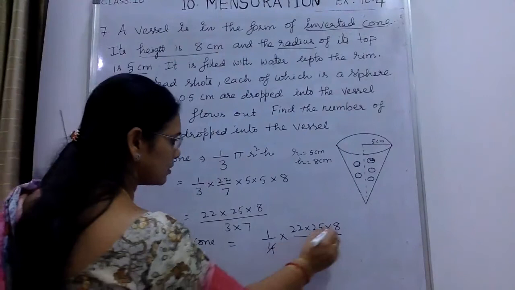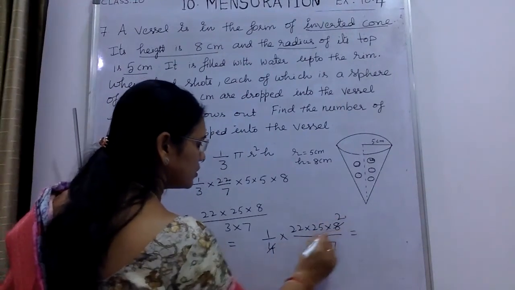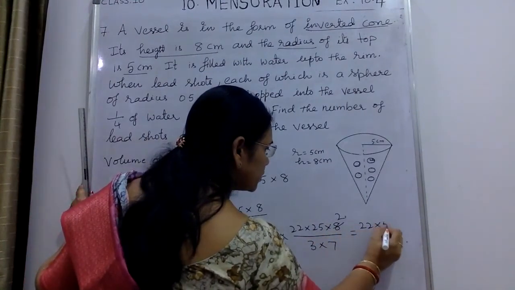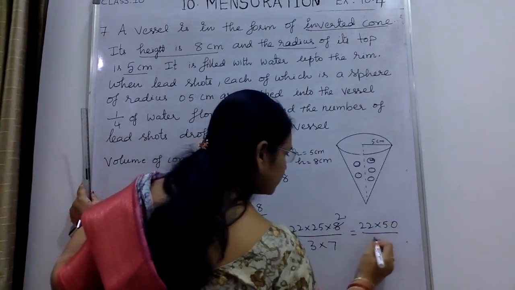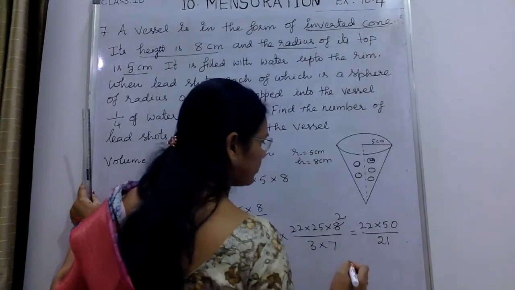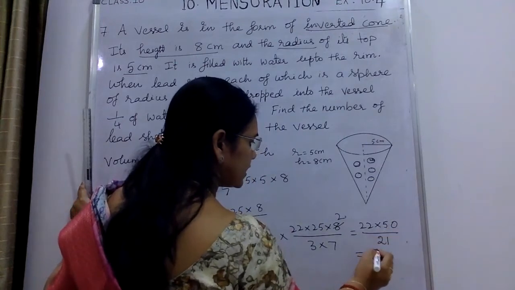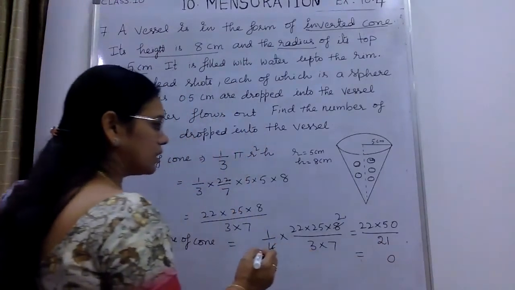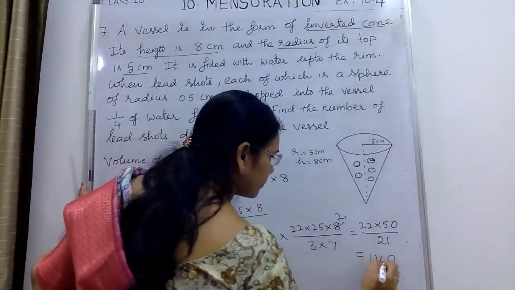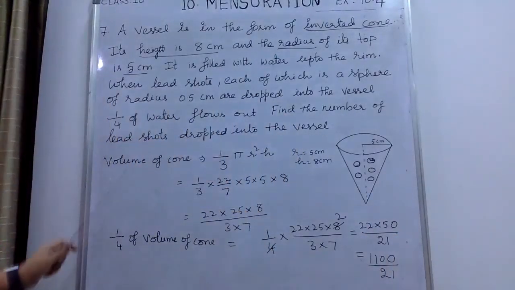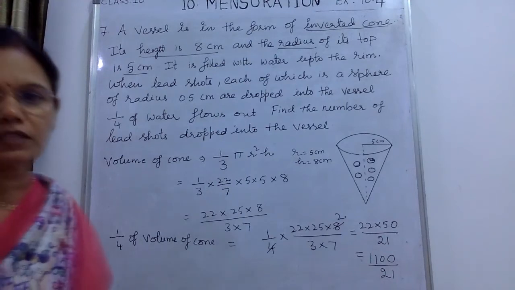So 4 twos are 8, 25 into 2 is 50, 22 into 50 by 3 into 7, that is 21. This can be calculated as 5 twos are 10, 110... 1100 by 21. This is 1/4 of the volume of the cone, that is the water that came out from the vessel.